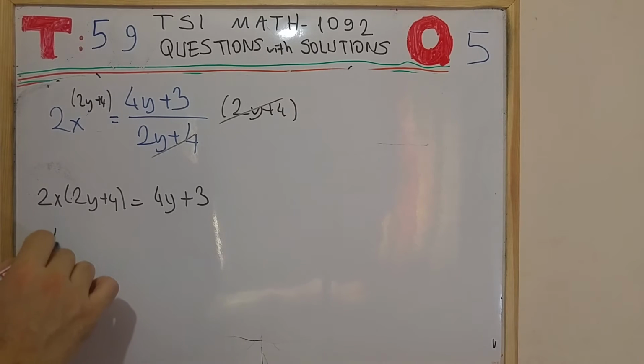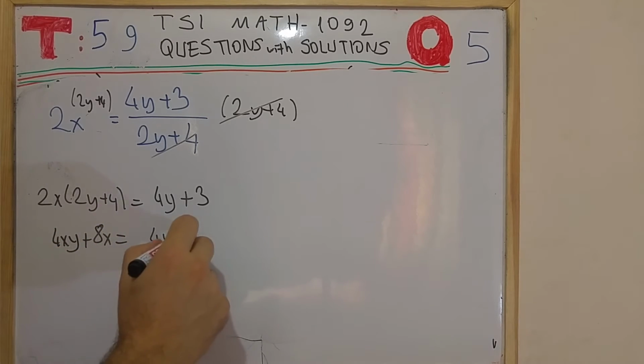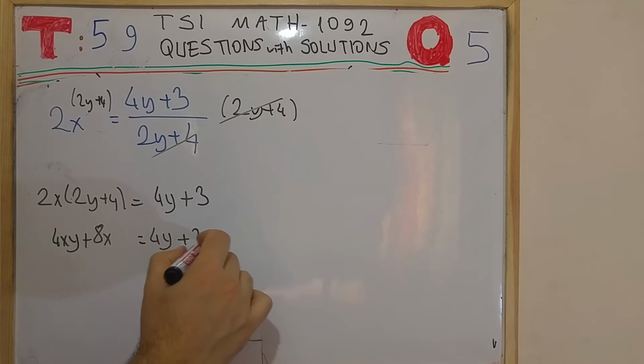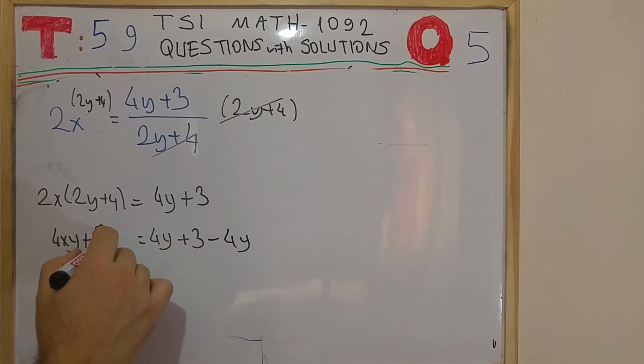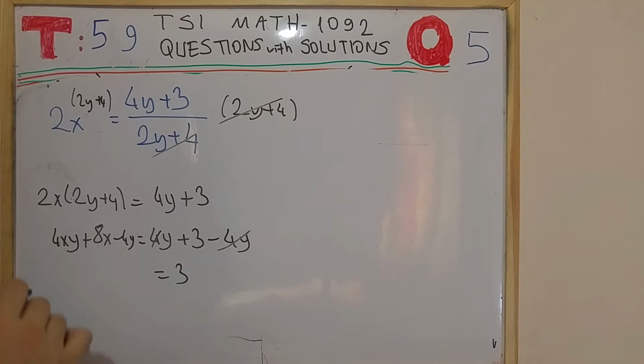What we have is 4xy plus 8x is equal to 4y plus 3. Now let's subtract 4y from each side, so I keep all the y's on one side. These are gone. What I have is 3, and what I have here is 4xy plus 8x minus 4y.